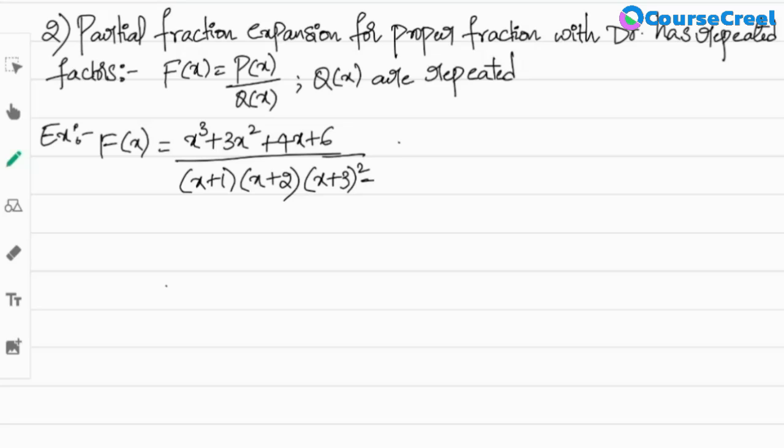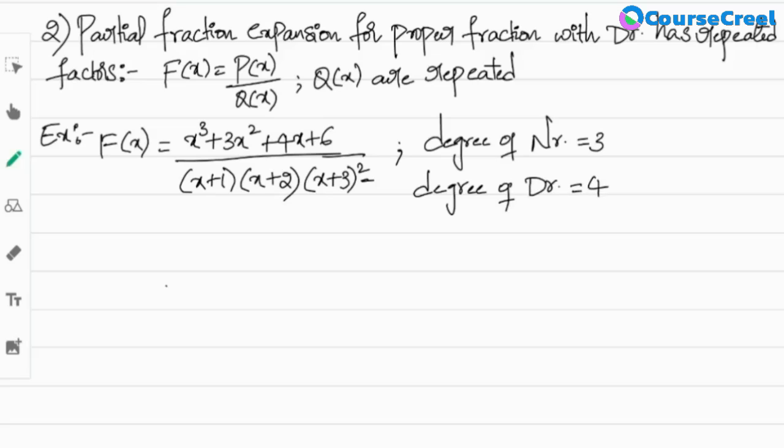And first of all, find whether this fraction is a proper fraction or not. So degree of numerator is 3 and degree of denominator is 4. So degree of numerator is less than degree of denominator. This implies it is a proper fraction.